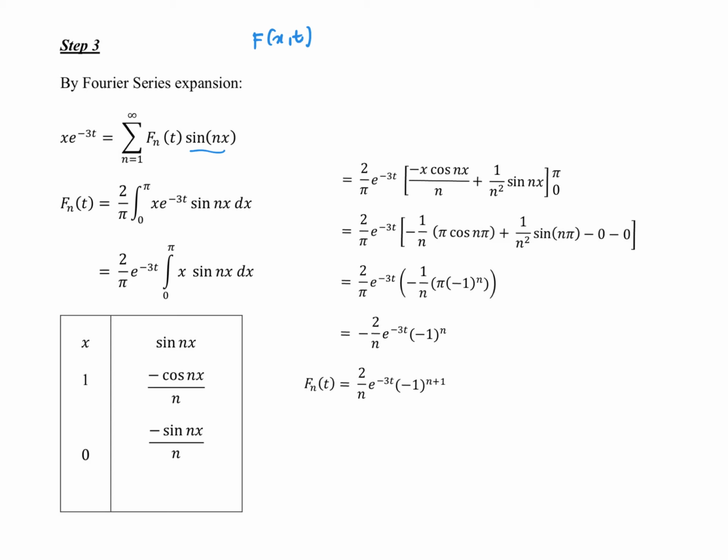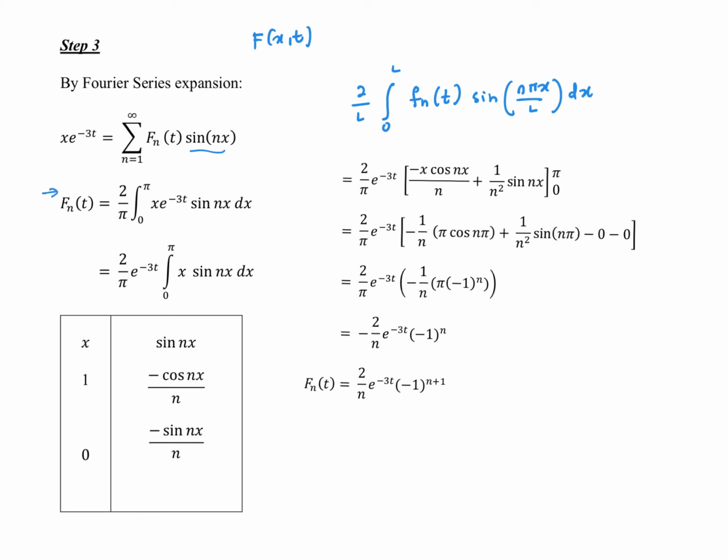By using Fourier series expansion, we will have f_n(t) = 2/L integral from 0 to L of f(x,t) sin(n pi x / L) dx. And then just substitute our value of L, and we will get this equation.